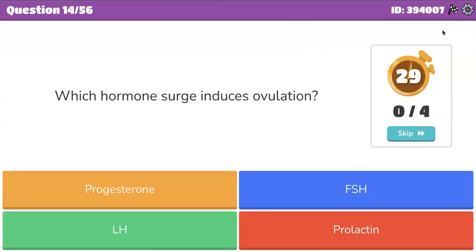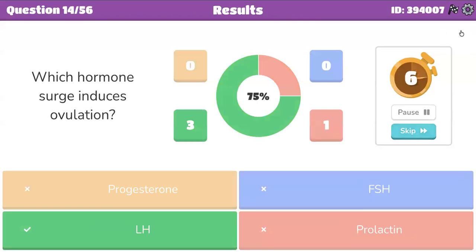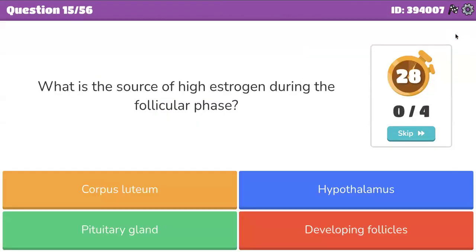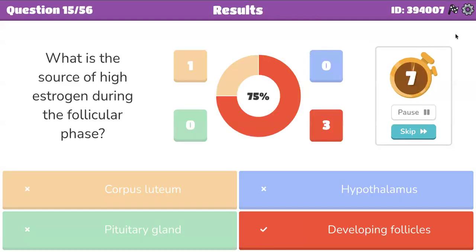Which hormone surge induces ovulation? LH. What is the source of high estrogen during the follicular phase? Developing follicles.